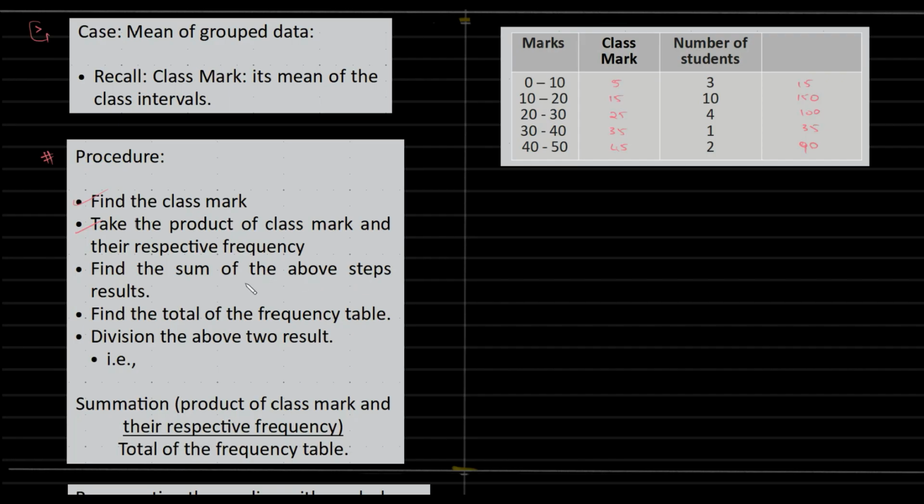Find the sum of the above steps' result. So we need to find the sum of this. Then we have 90, 125, 140, 240 and 390.